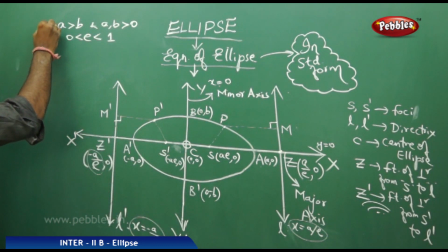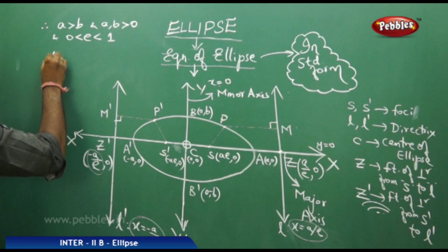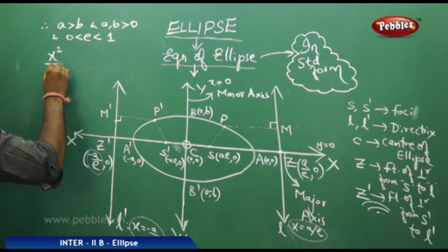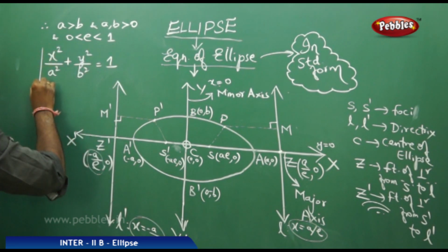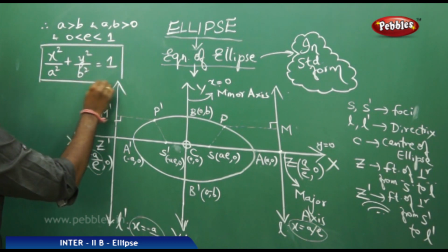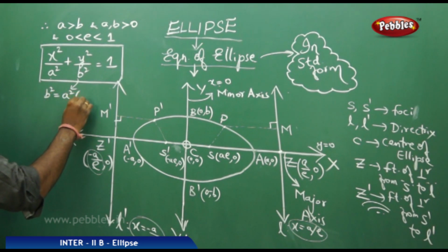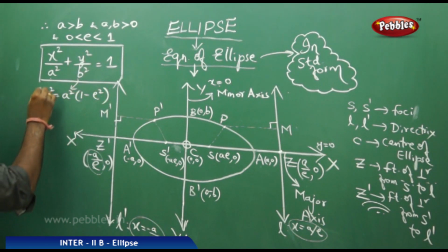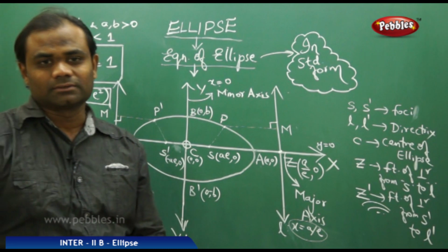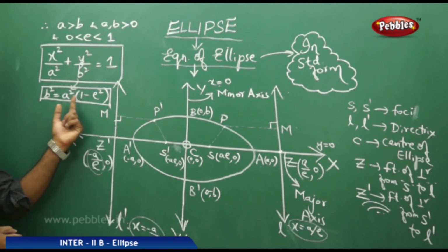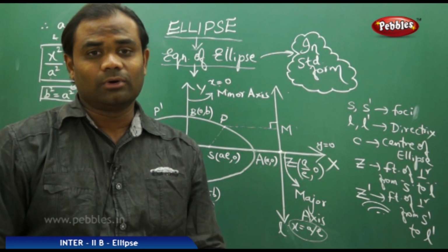So therefore, with the condition that a is greater than b, the equation of ellipse in standard form is given by, with b square equals a square into 1 minus e square, is the condition for the standard form of the ellipse.